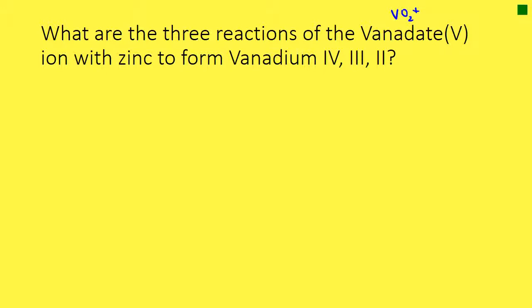Not to be confused with the vanadium 4 ion, which is VO2+, and then this one is just V3+, and this one is V2+. So what we've got to do is start off with our vanadate ion and end up with our V2+ ion by means of 3 different reactions.